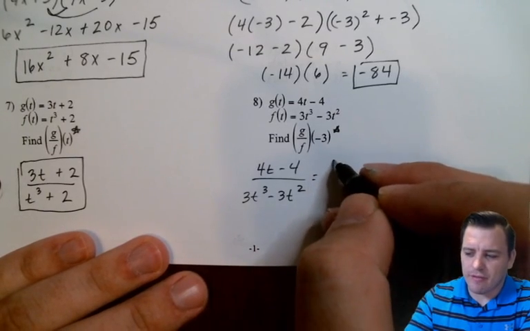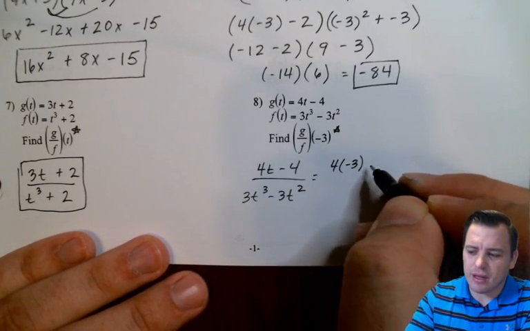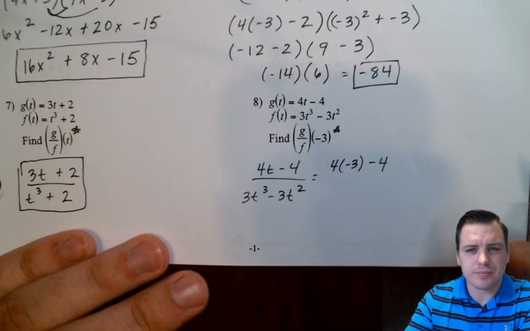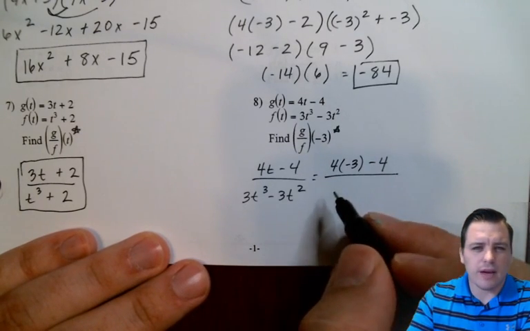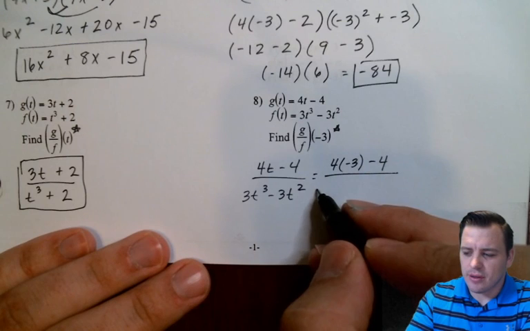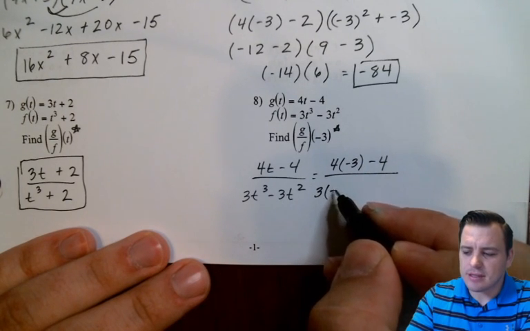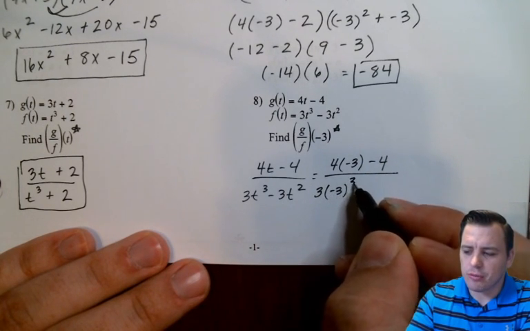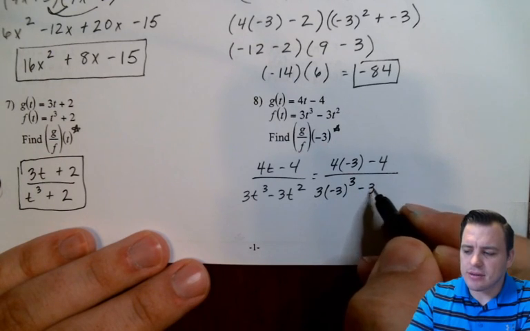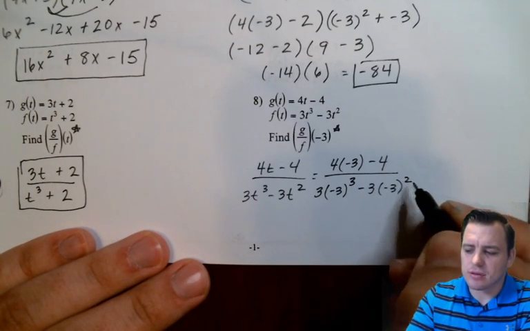So here we go. We got 4 times negative 3 minus 4 over, now this is going to look a little crazy here, 3 times negative 3 cubed minus 3 times negative 3 squared.